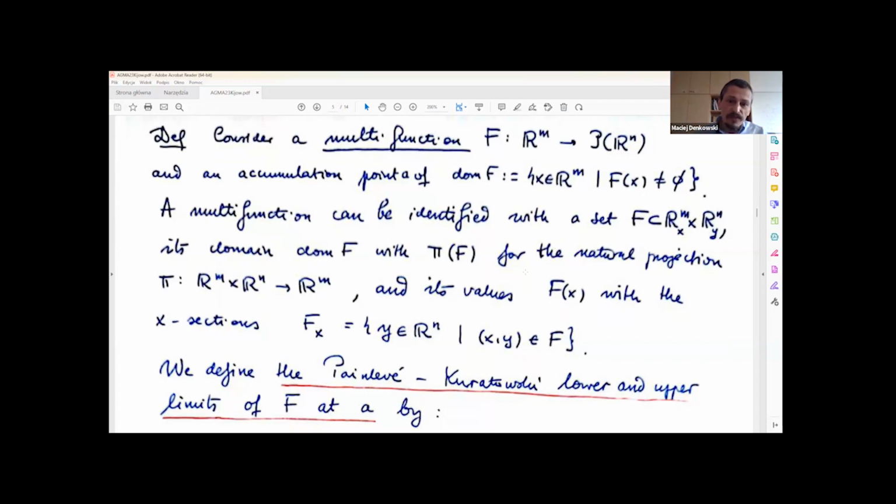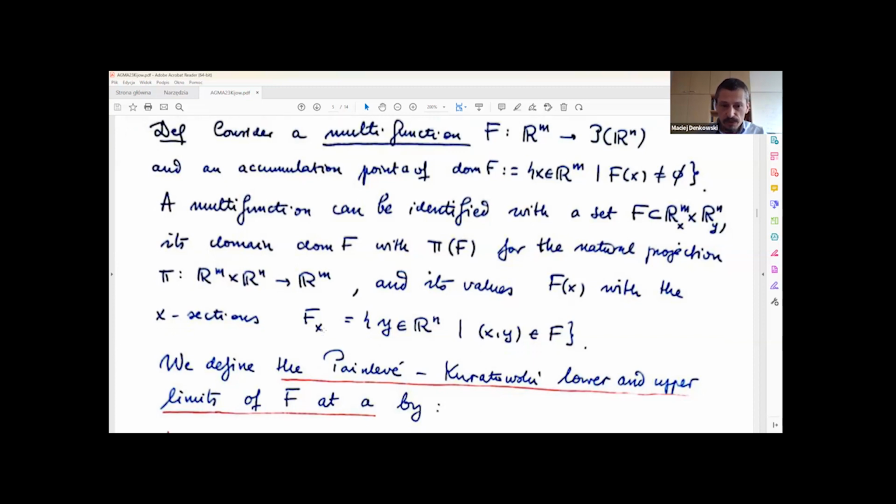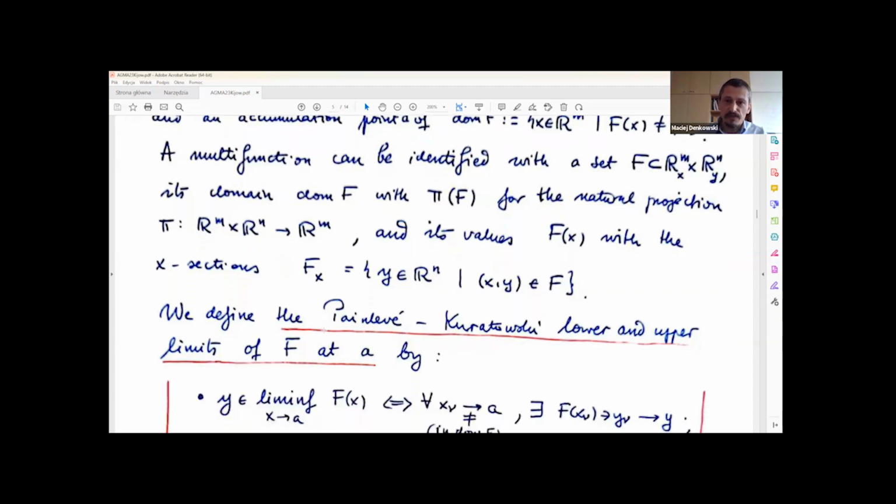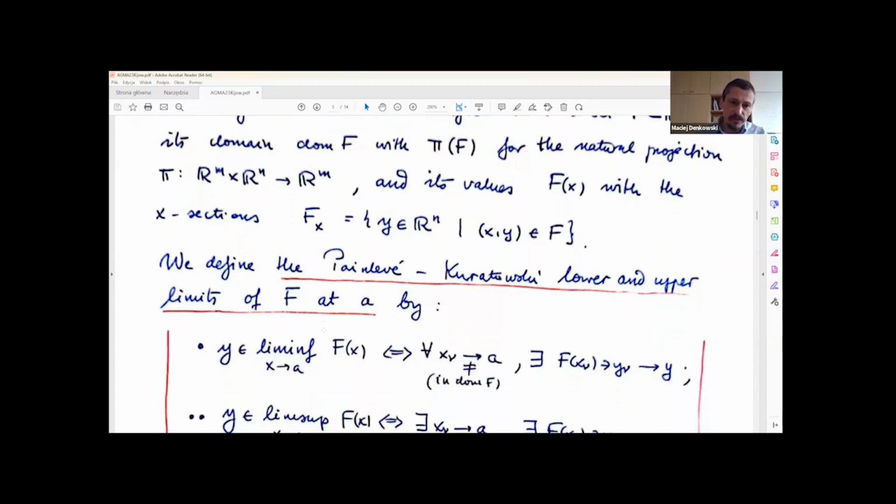And the values being the sections, the vertical sections, and the domain being just the projection of the set f, right? The sections are denoted here f_x. And we'll actually be using the sections rather than the multifunction.